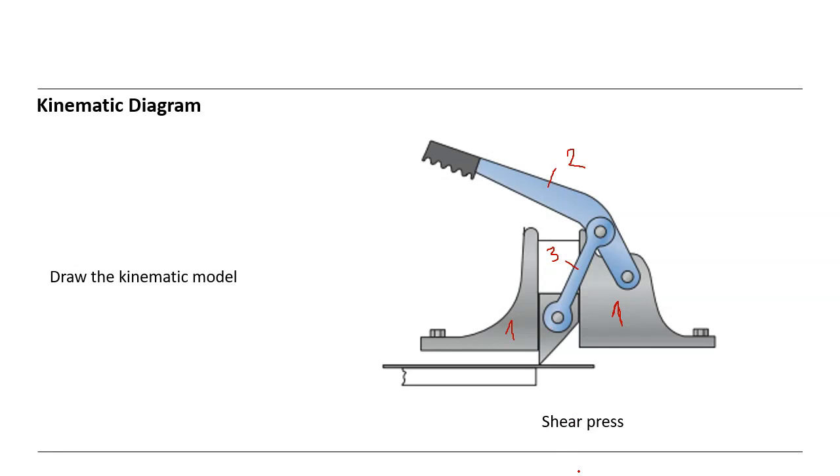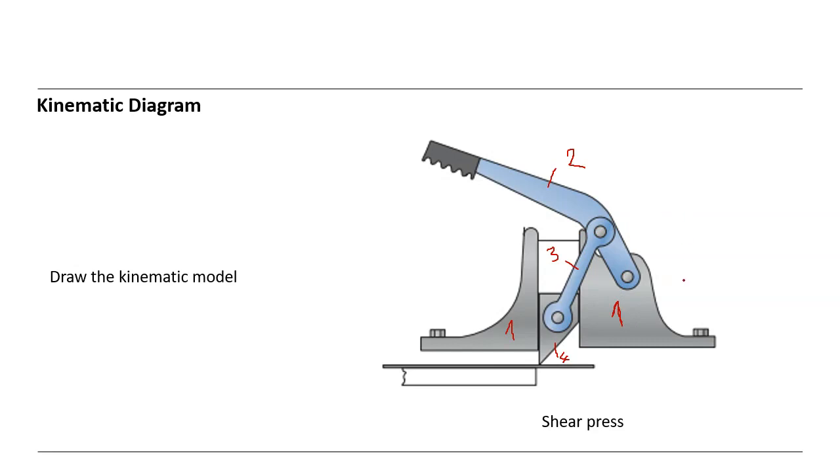And we have one more, which is also moving. And this is part 4. It cuts the object here, the cutting part. So that means we have a mechanism consisting of 4 bars. And how can we draw the mechanism?